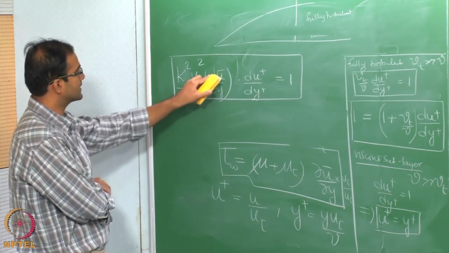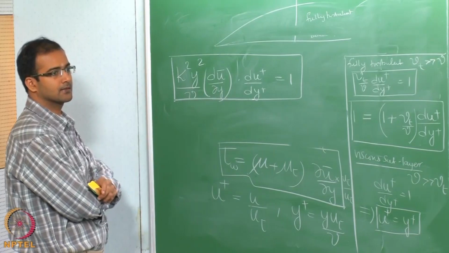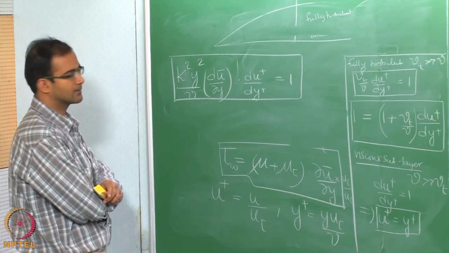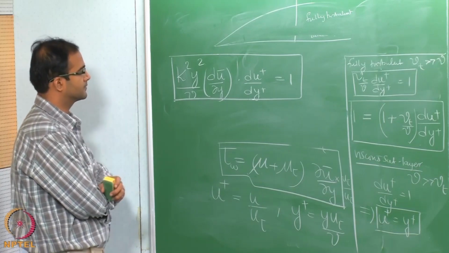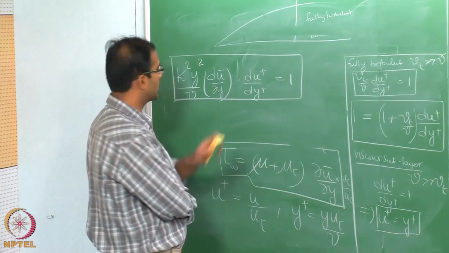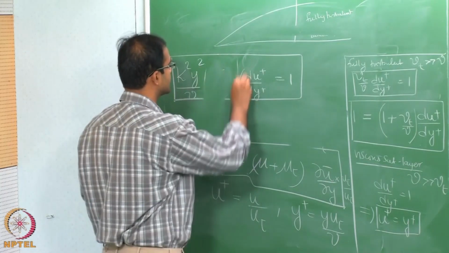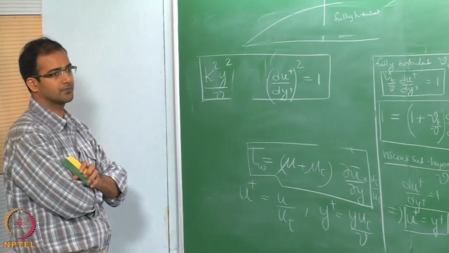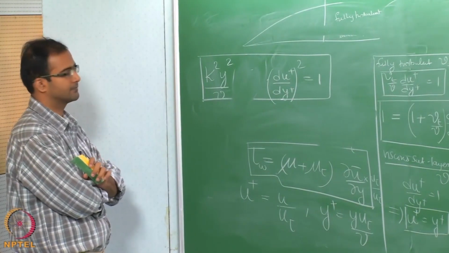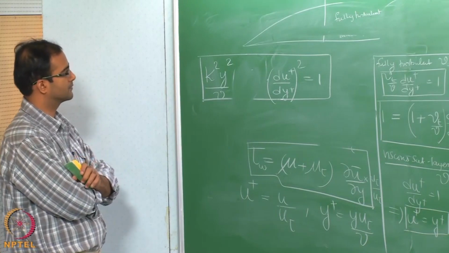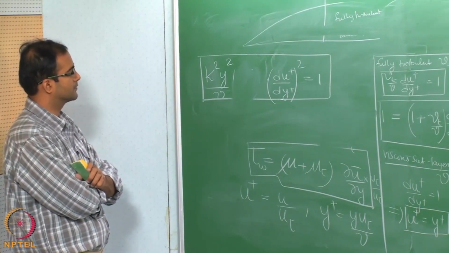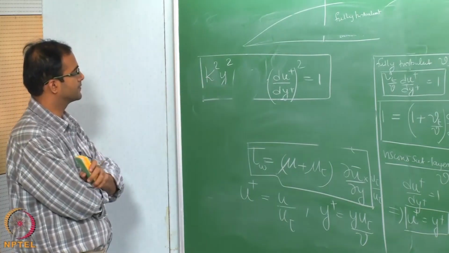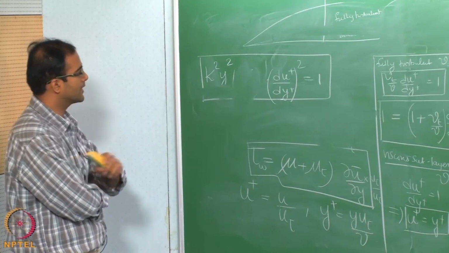We can also write this as du plus by dy plus, correct. So, I want to write this as du plus by dy plus the whole square. So, what will be the additional factor? This mu should be absorbed. Okay. So, just check that.